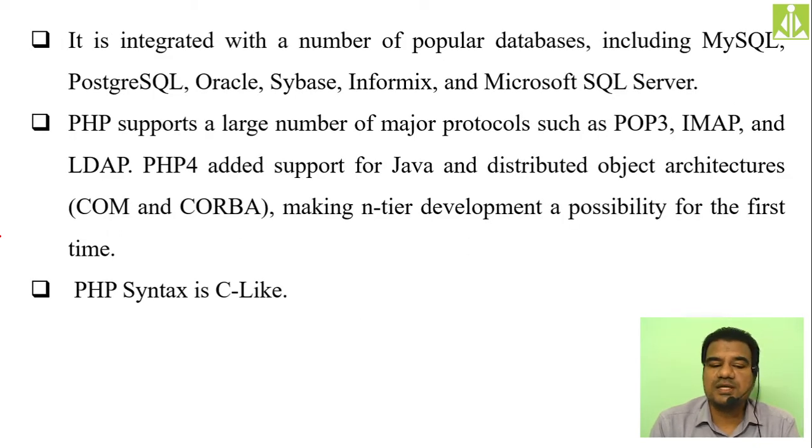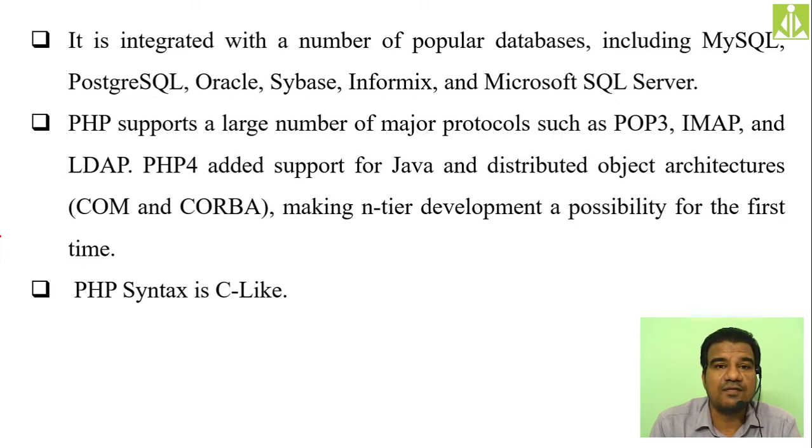PHP is integrated with a number of popular databases. When you are downloading the packages of PHP, you can even download the packages inside the XAMPP server only. You can download many different packages, including MySQL, PostgreSQL, Oracle, Sybase, Informix, and Microsoft SQL Server.